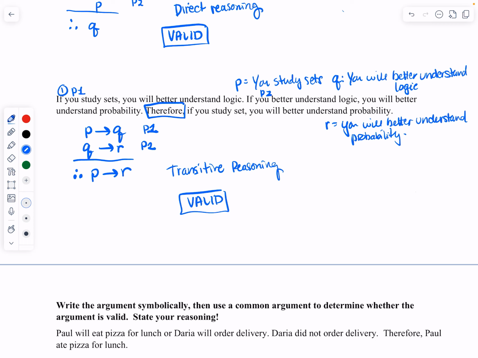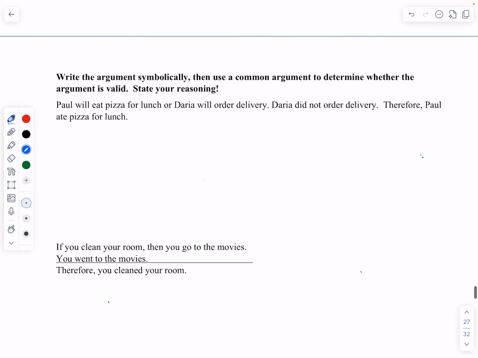Okay. Write the argument symbolically, then use common arguments to determine whether the argument is valid. State your reasoning. All right, so Paul will eat pizza for lunch, or Daria will order delivery. Daria did not order delivery, therefore Paul ate pizza for lunch.